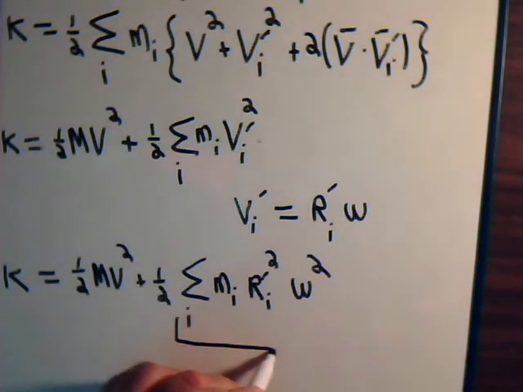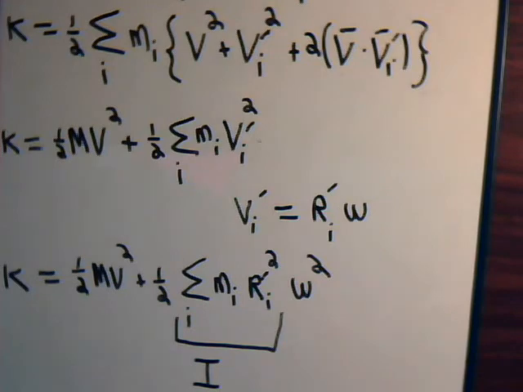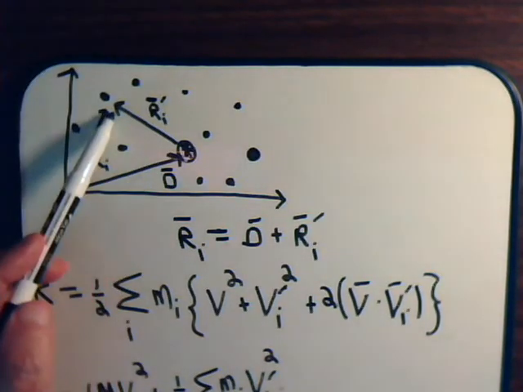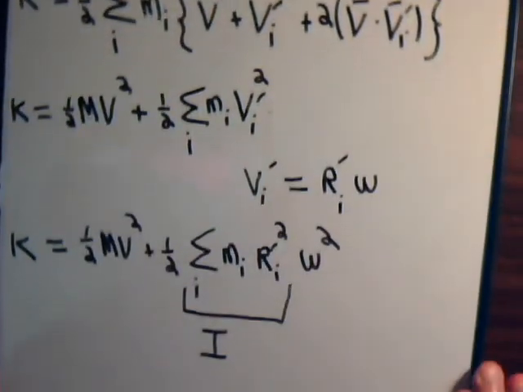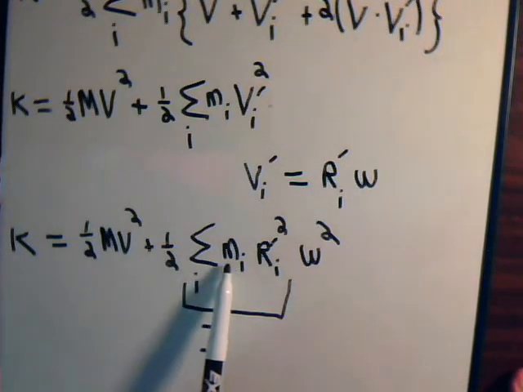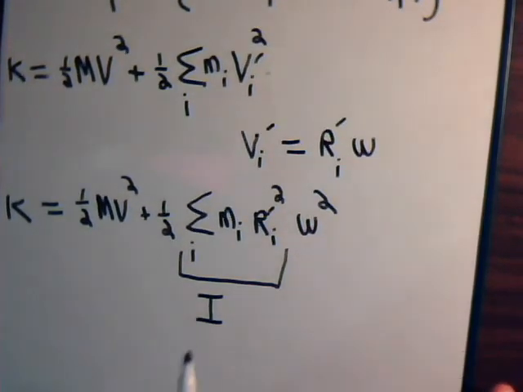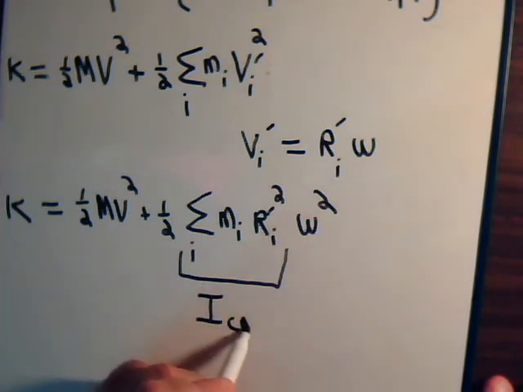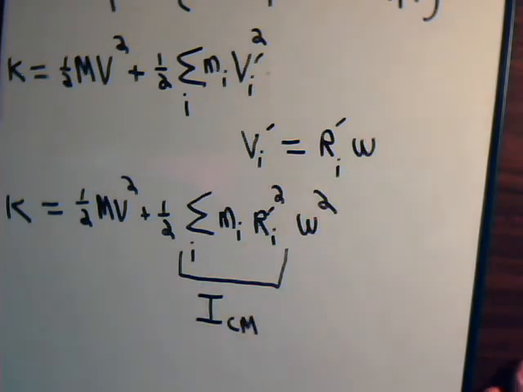But this, hopefully you remember from our previous videos, is the general expression for the moment of inertia. Specifically, remember what ri prime is. It begins at the center of mass and goes to that particle i. So this is the moment of inertia with respect to the center of mass.